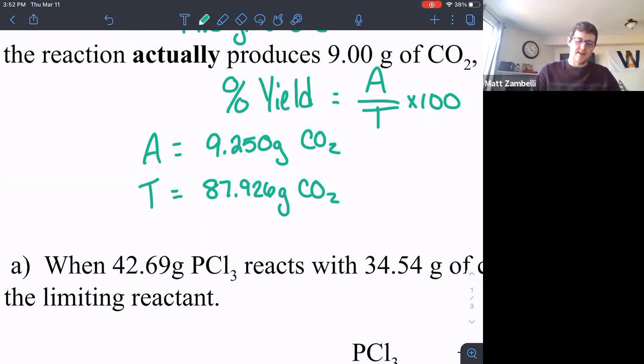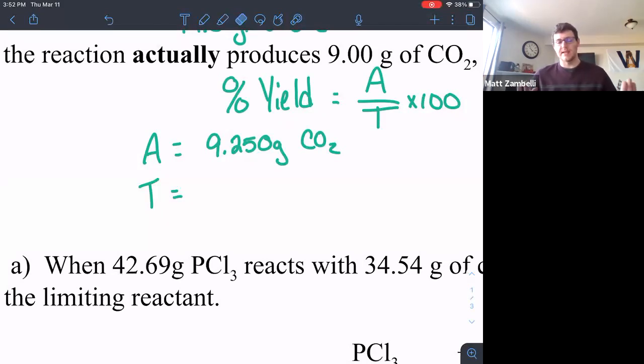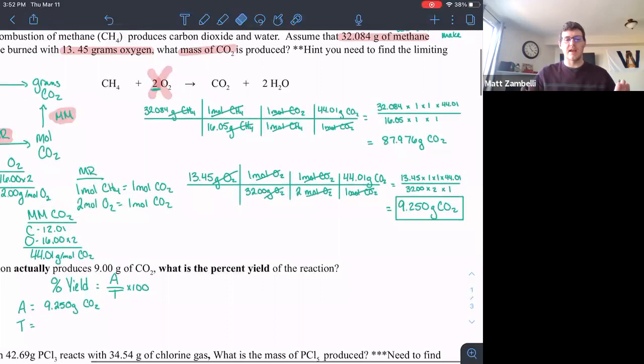All right. This number right here, this 87.926 grams, is not useful in any way to this problem anymore. So that number we're going to get rid of altogether. That number's not helping us. Nothing about that number helps in any way, shape, or form.